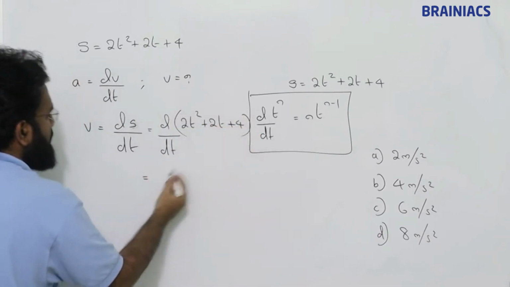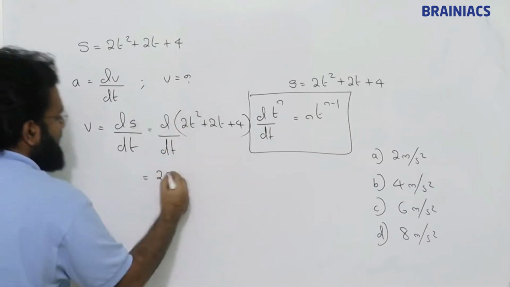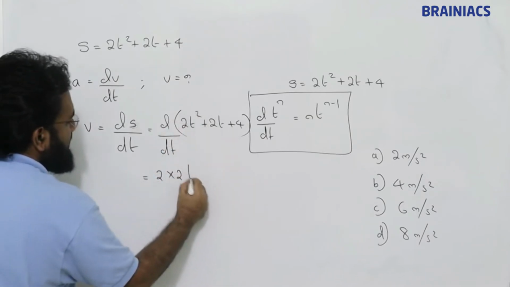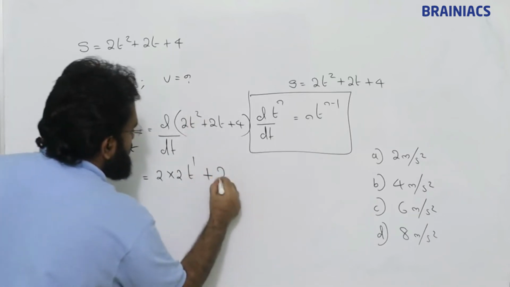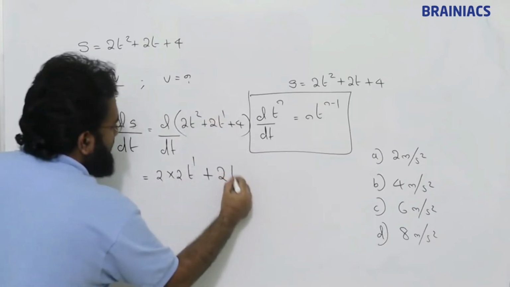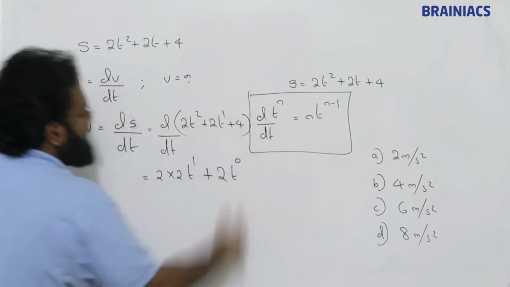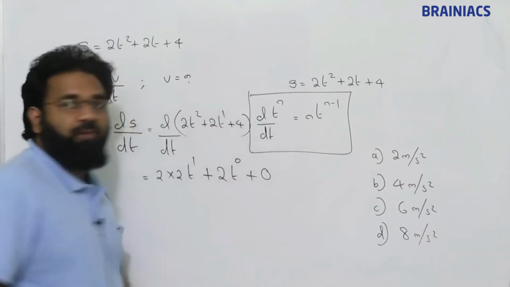So this is equal to, this 2 we will keep here, this t square, this 2 will come here, t raised to 2 minus 1 is 1, plus 2 we will maintain there. Here actually t raised to 1 is there, so t raised to 1 minus 1 is 0. Differentiation of constant is 0.